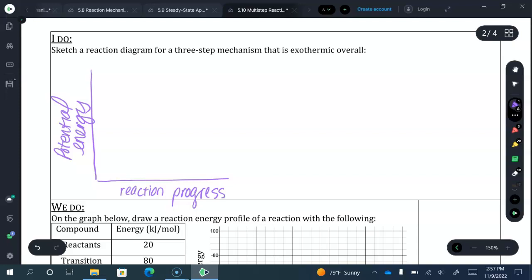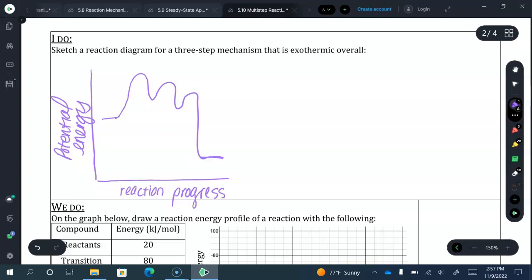Okay, and it says that this is overall exothermic, which means that my products must be lower in energy than my reactants, lower in potential energy. And then it has three steps, which tells us it's going to have three hills. It doesn't tell us any other information, so we can leave it up to our imagination.